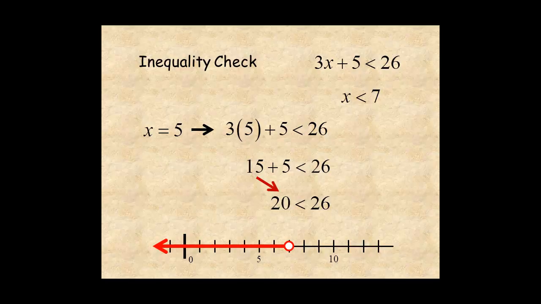And since 20 is less than 26, the inequality checks. The inequality check verifies that you have the correct inequality symbol, that it was supposed to be less than and not greater than.